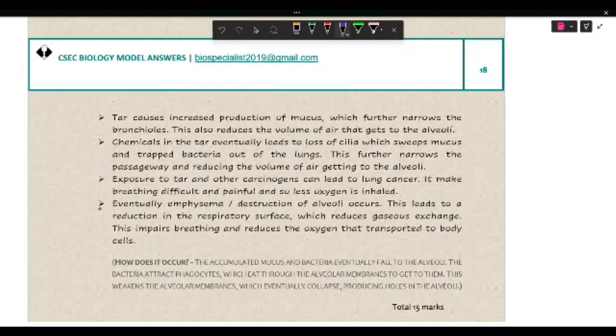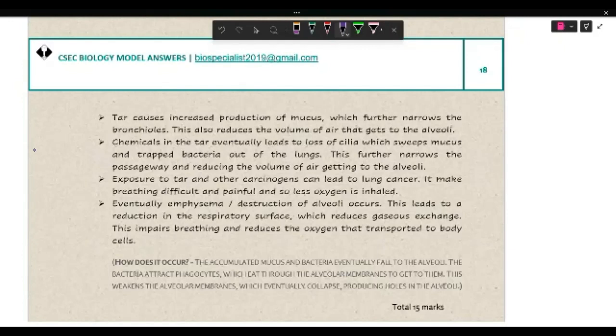destruction, and that's emphysema, which is essentially a condition that comes from the destruction of the alveoli itself. So all this time we're having problems getting air to the alveoli, but via various processes, which I did add a little note explaining how it happens, the alveoli themselves are destroyed.